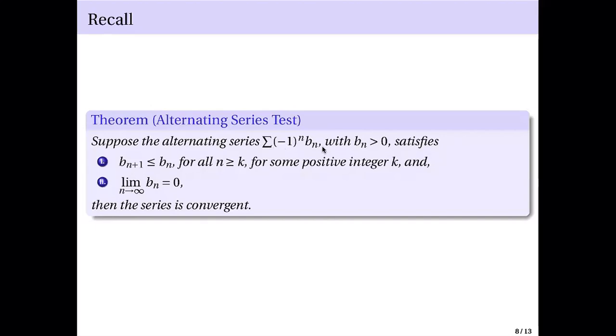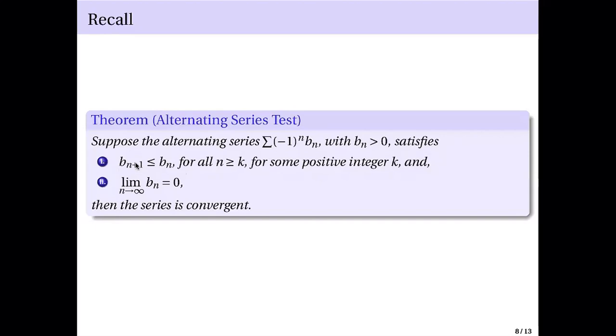So, suppose we have this alternating series, and this alternating series satisfies the following: b sub n plus 1 less than or equal to bn for all n greater than or equal to k for some positive integer k. Ang sinasabi lang nito is that your bn is ultimately decreasing.